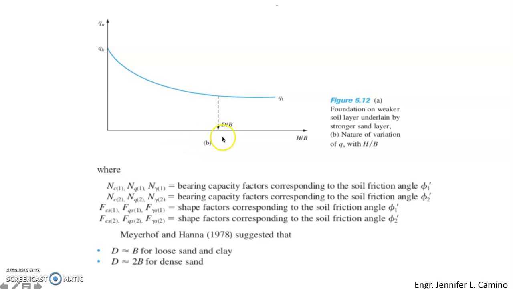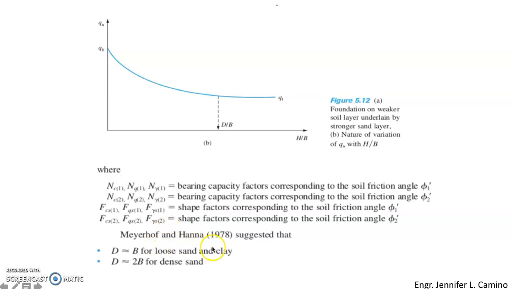So this is the nature of the variation of the ultimate bearing capacity with the ratio of H over B. Of course, we have to identify our bearing capacity factors for the soil friction angle of the top layer and the bottom layer, and we also have to identify our shape factors for the soil friction angle for the top layer and the bottom layer.